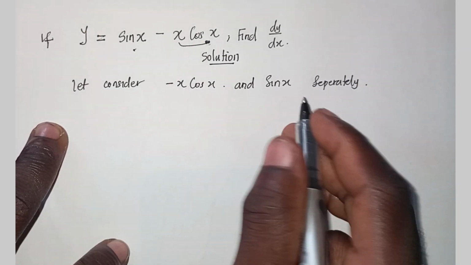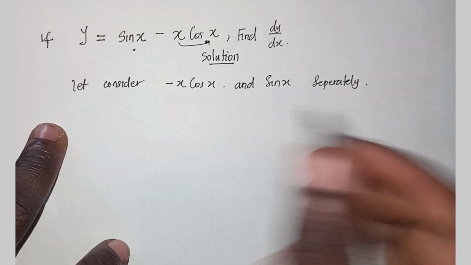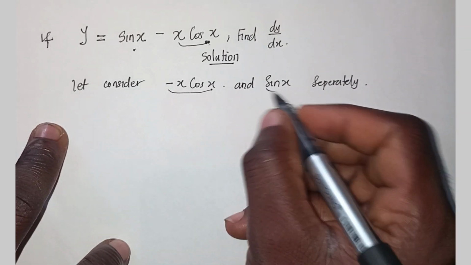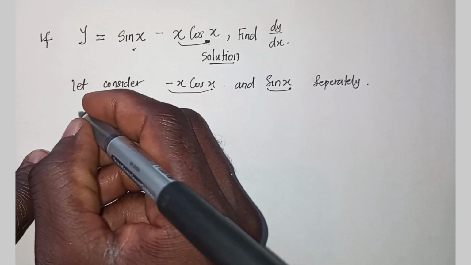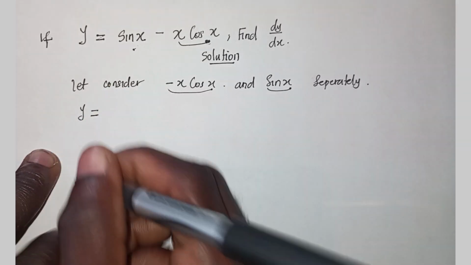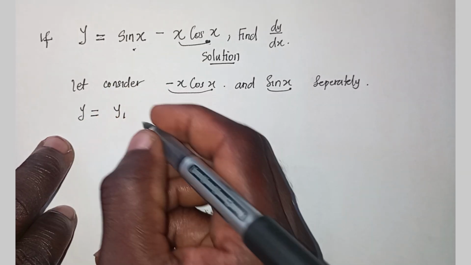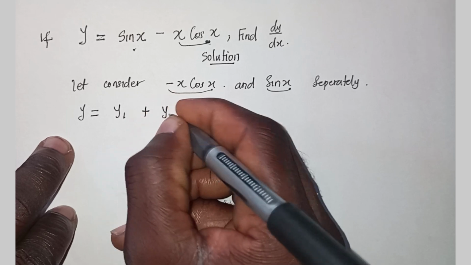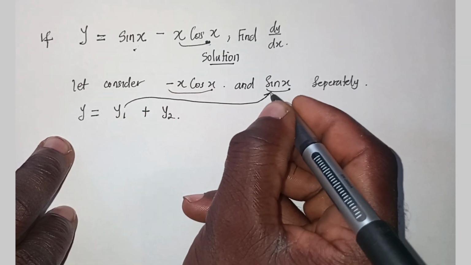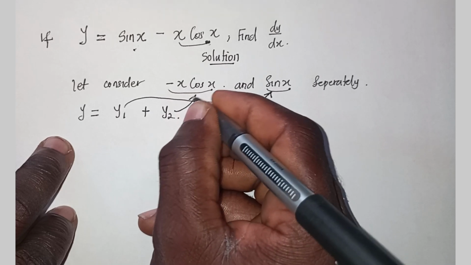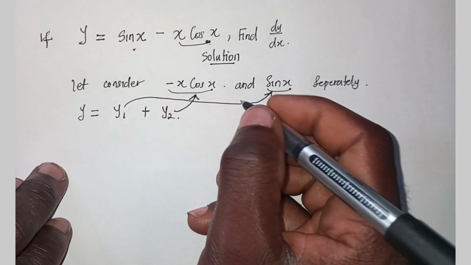That means we differentiate them separately. Why? Because this is a product, and this is just alone. Now the question will change to y equals y1 plus y2, where y1 is our sin x and y2 is our minus x cos x.